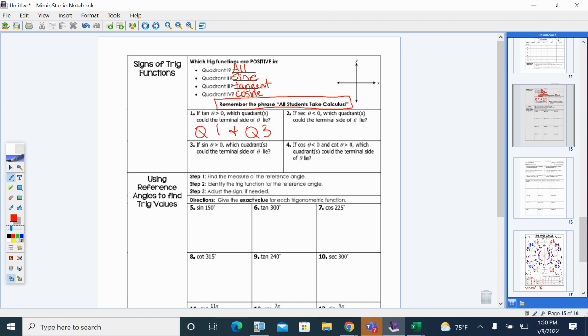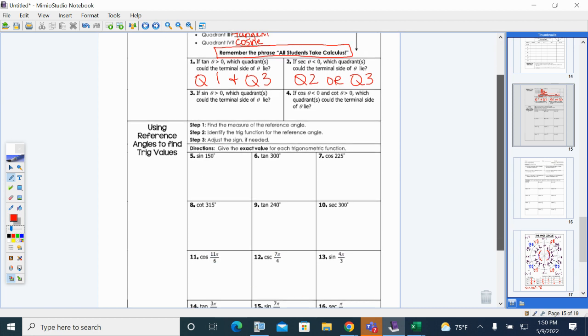So where is cosine negative? Well, we know cosine is positive in quadrant 1 and in quadrant 4. So it's going to be negative in quadrant 2 or quadrant 3. Right? So for that, you just kind of have to read the description and figure out which quadrant or quadrants could make that statement true.